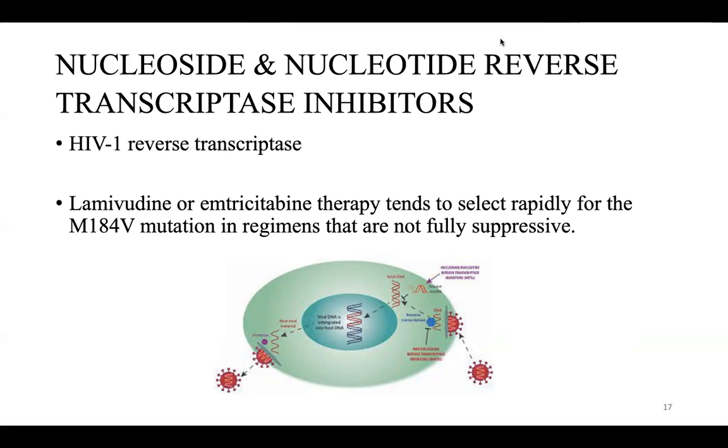Incorporation into the growing viral DNA chain causes premature chain termination due to inhibition of binding with the incoming nucleotide. Each agent requires intracellular activation via phosphorylation by cellular enzymes to the triphosphate form.